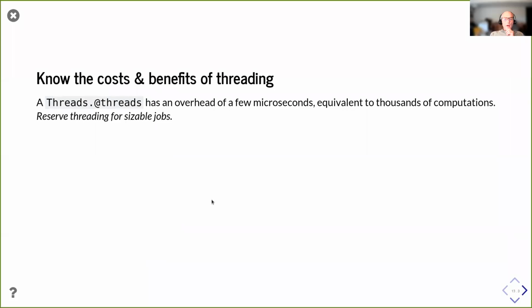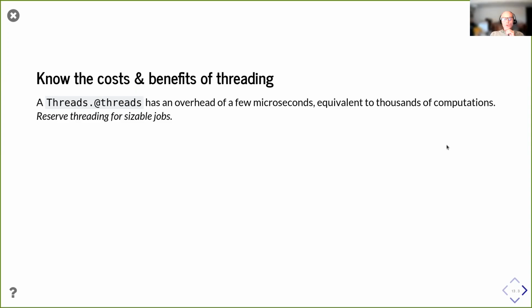There are, though, some caveats that you should be aware of. First of all, Julia's threading library is quite efficient, but nevertheless, anything that you wrap in an @threads has an overhead of a few microseconds. This is equivalent to several thousand additions and multiplications, for example.